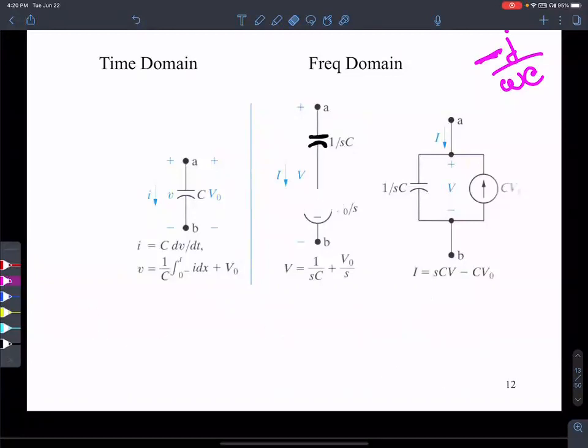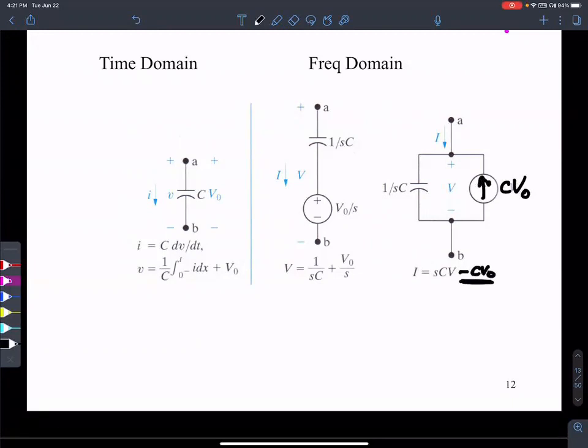In other words, the capacitance nonetheless can be expressed as the capacitance with a voltage source V naught over S in series, or a current source whose value is C times V naught in parallel with this capacitance. That's the reason why you see this negative C times V naught, owing to the polarity in the opposite direction.